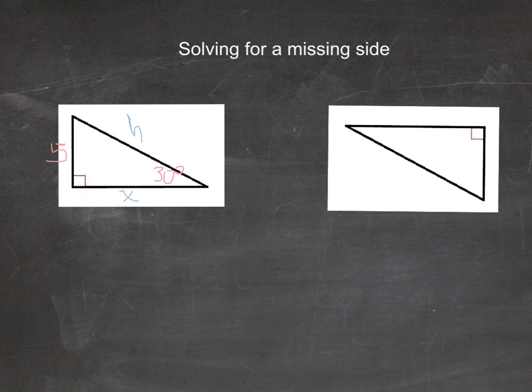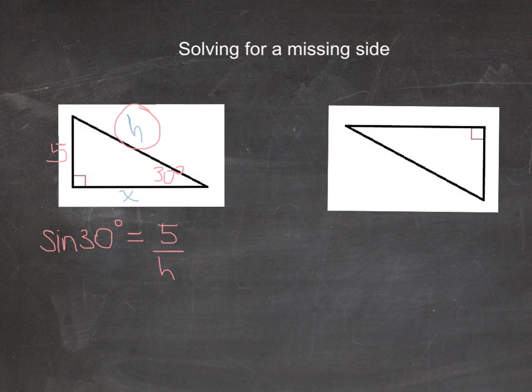I'm trying to solve for H here. So I have the opposite side to the 30-degree angle, and I have the hypotenuse. So opposite and hypotenuse was sine. So I have the relationship sine of 30 degrees is equal to opposite over the hypotenuse.